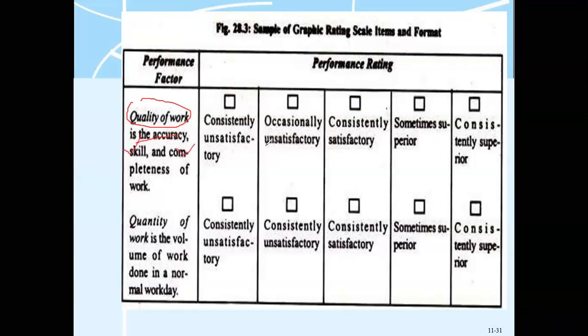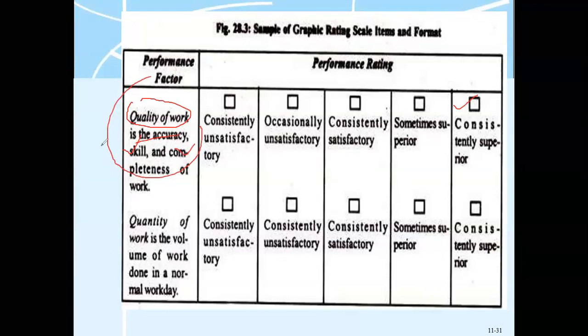So if you are satisfied with that particular point, then you have to choose consistently superior. You can tick on it, right? Or sometimes superior, or you can even choose consistently satisfactory or unsatisfactory, whatever you choose for this particular point, right? Like this, quantity of work is the volume of work done in a normal workday. That point also will come under this format.